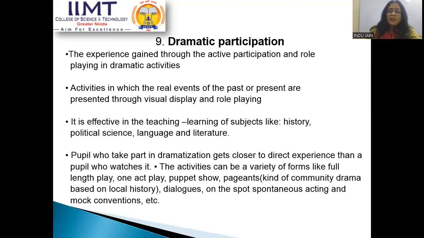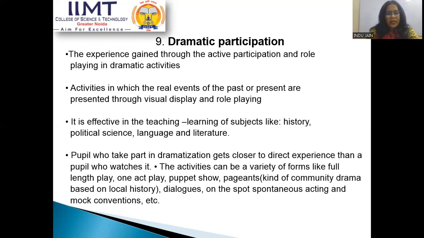The experience is gained through active participation and role playing in dramatic activities, in which the real events of the past or present are presented through visual displays and role playing. Means they are those activities in which we can present certain events before the students through role playing.